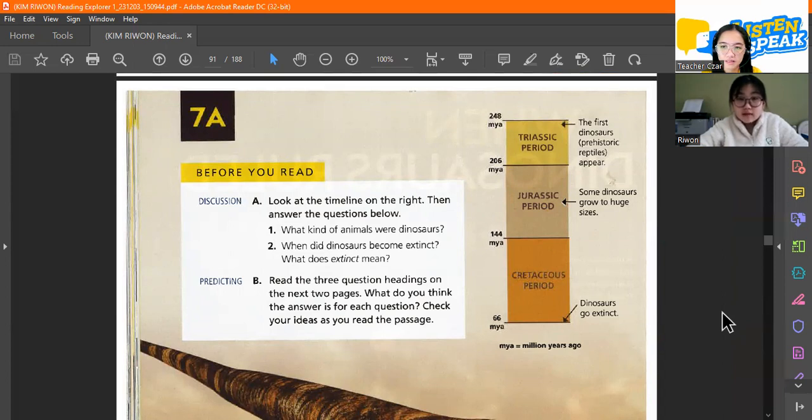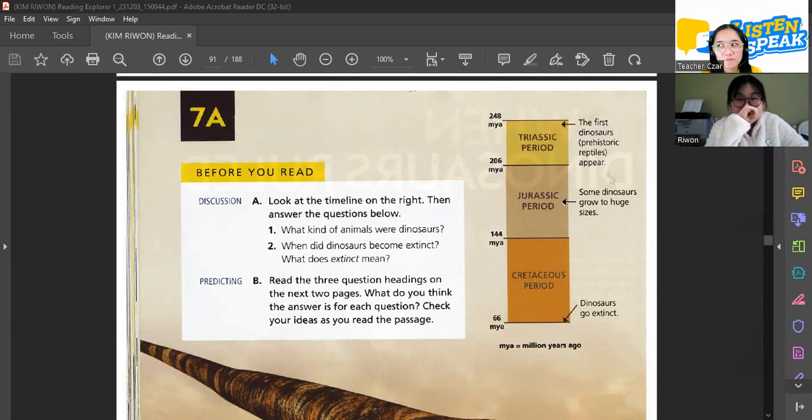A chicken? A chicken. Um, I don't think so. Wait for a moment. Okay. No, a chicken is a bird, and dinosaurs are prehistoric reptiles. So what do you mean by reptiles?